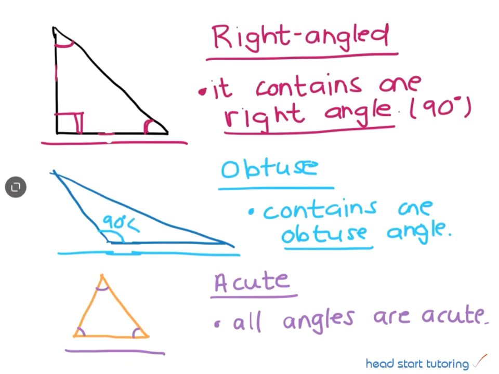Right, so we've got our right angled triangle, which contains one right angle. Our obtuse triangle, or our obtuse angled triangle, contains one obtuse angle.